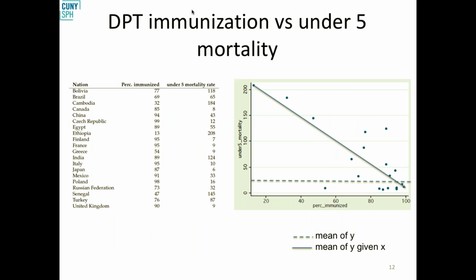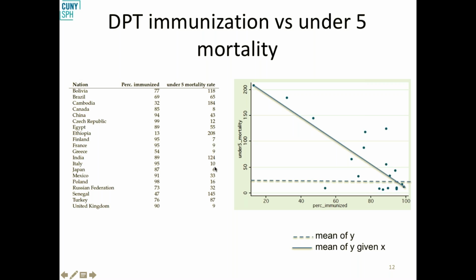Okay, so here's a couple of numerical variables that Levi's using as an example: under 5 mortality rates and the percentage of immunization within a population. So each one of these must represent a country, right? For instance, that represents a country where the immunization rate looks like about 32%, and the under 5 mortality rate is 118, way up there.